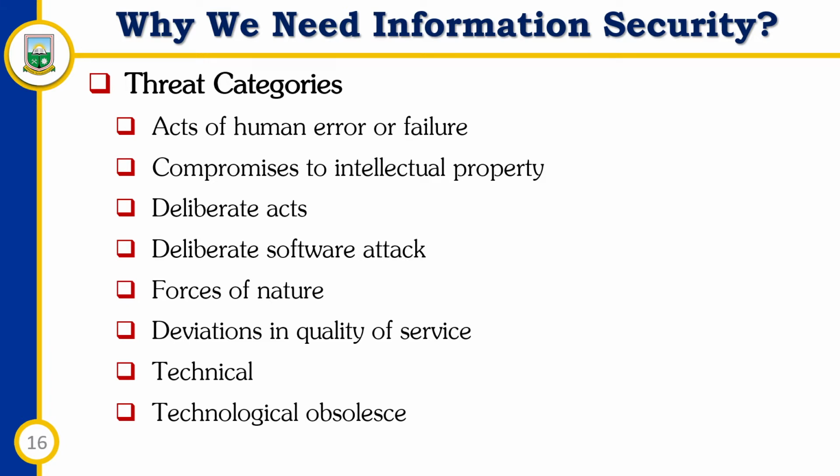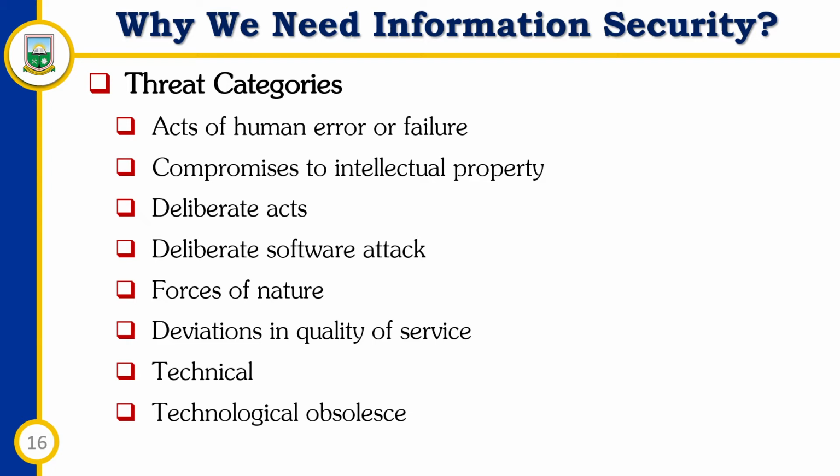There are times humans do make errors, maybe in the applications that they develop. If we're supposed to do some computation and there is a mistake, some money is added to some people's money and the rest. These are other threats that we need to find ways to mitigate. Compromises. So the threats that we spoke about can be categorized in this way.